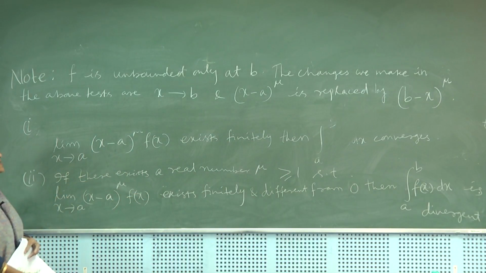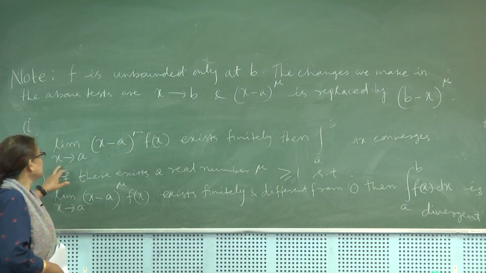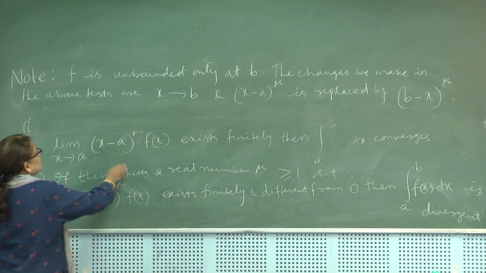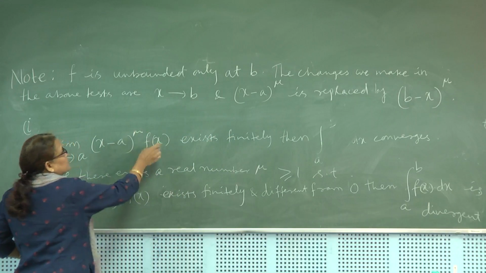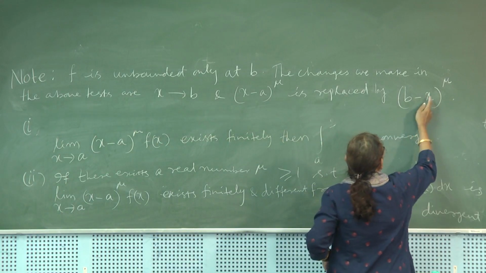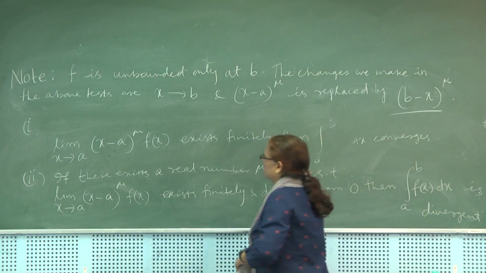Everything is same except these two. x tends to a should be x tends to b, and this factor x minus a whole to the power mu we replace by b minus x whole to the power mu. This is the change we have to do.